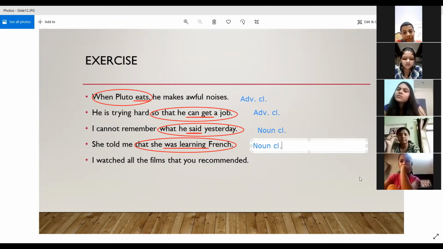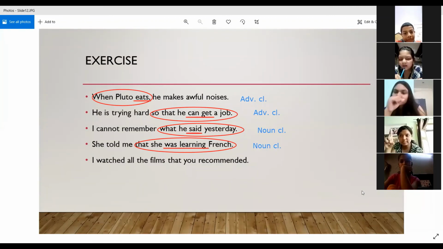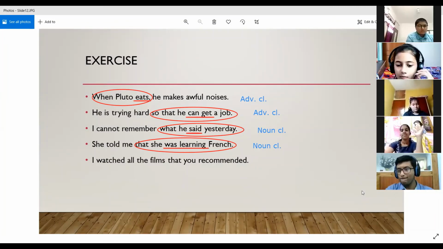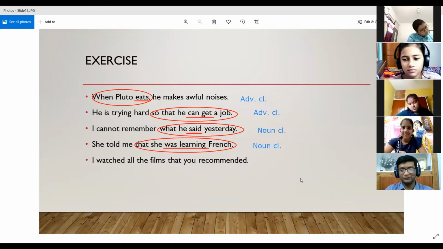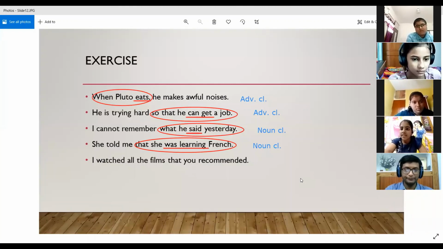The last one now, who is going to answer the last one? Okay, Shubhanjali. She answered one wrong, so she can try. Sir, "that you recommended" will be an adjective clause. Why?